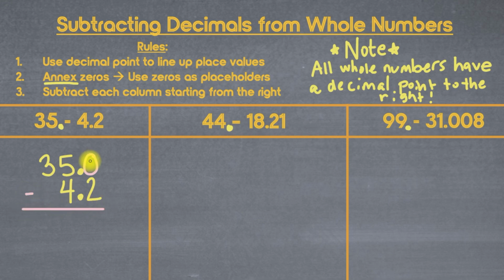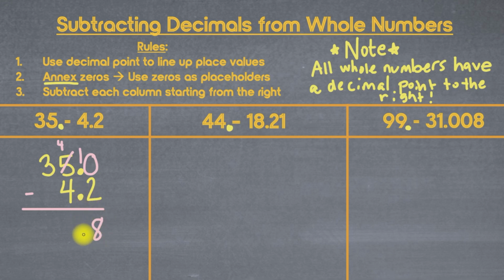And remember, we have to go column by column starting from the right, like it says in step number 3. But we can't do 0 minus 2. So we're going to have to borrow from this column here. So this 5 is going to become a 4, and this 0 becomes a 10. So 10 minus 2 is 8.